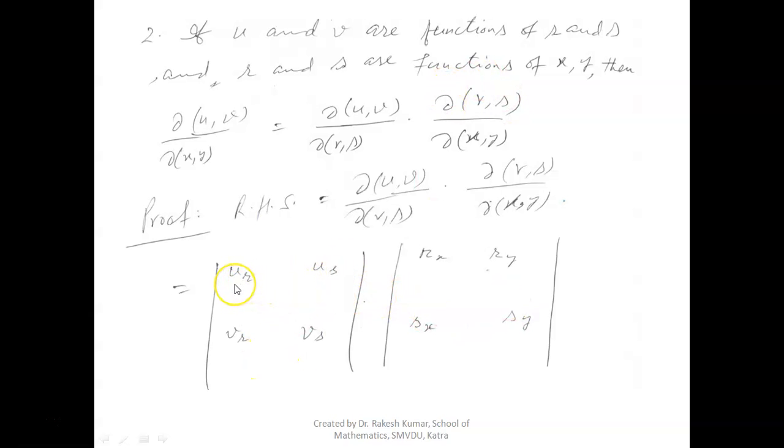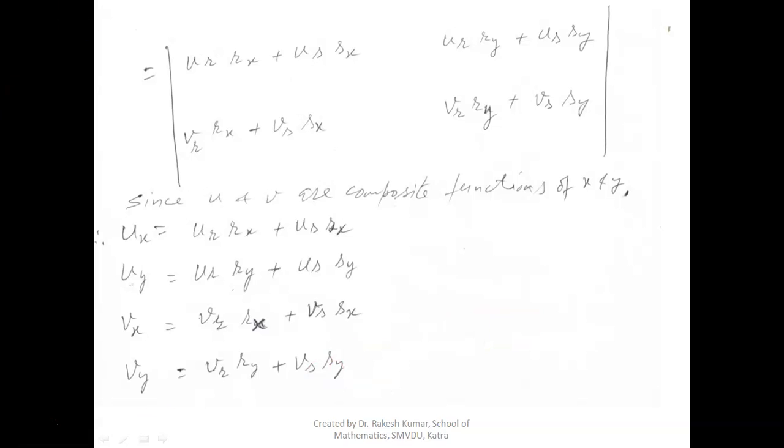What does this mean? Del u by del r, del u by del s, del v by del r, del v by del s, and del r by del x, del r by del y, del s by del x, and del s by del y, by the definition of Jacobian. Now we multiply them again as we did previously in property 1.